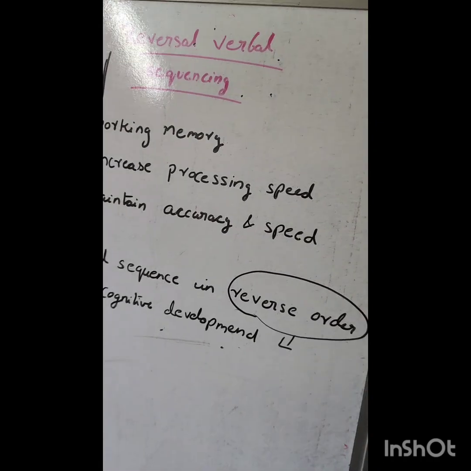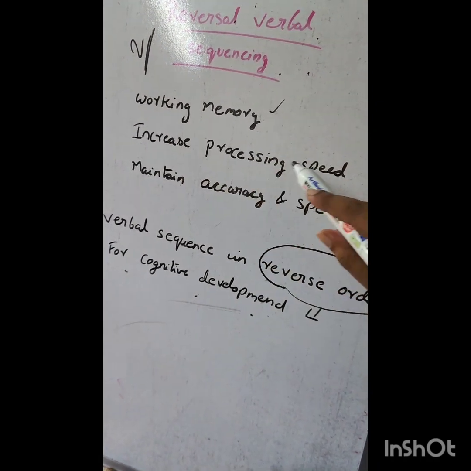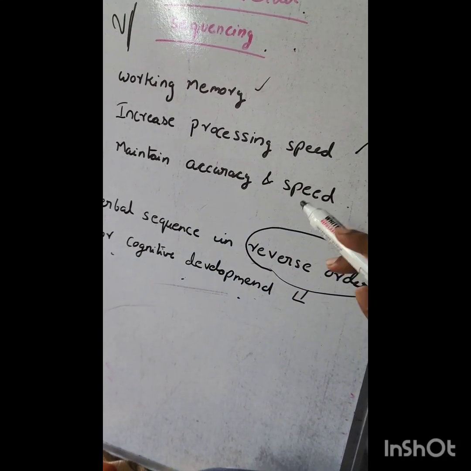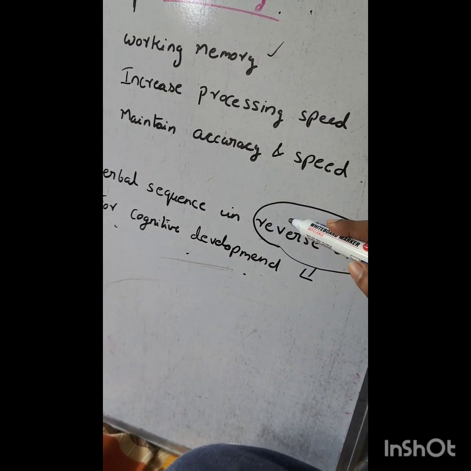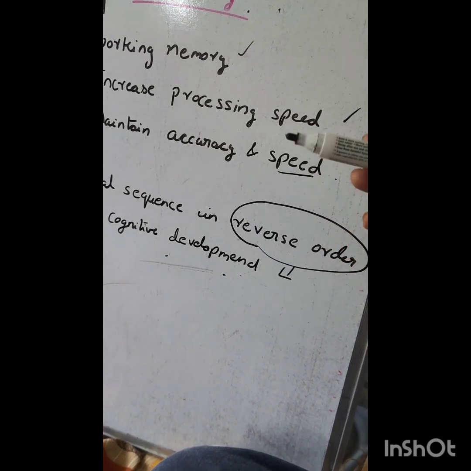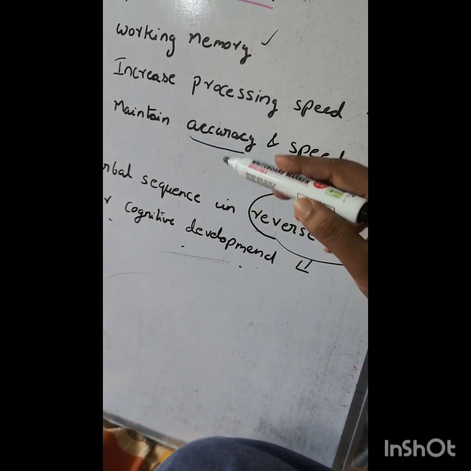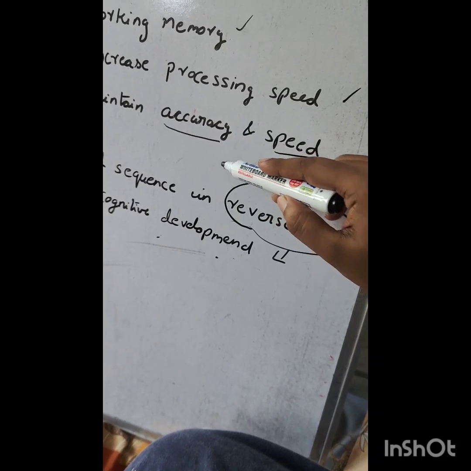Under cognitive development, the areas we are going to give importance to are working memory, increasing processing speed, and maintaining accuracy and speed. It is not just that the child has to tell it in reverse order, but here we give importance to speed, how quickly the child can process the information and tell, and how accurate it is. Usually when we say things in reverse order, most things get mistaken.